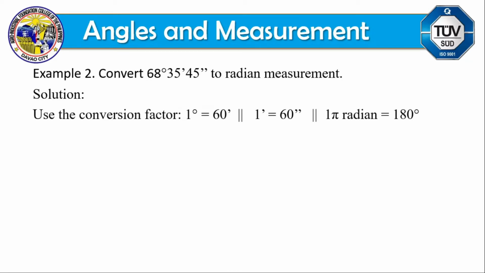I'm sure you already have an idea about these; just relate this to a clock. One minute on a clock is equal to 60 seconds. Now for 1 degree, there are 60 minutes.